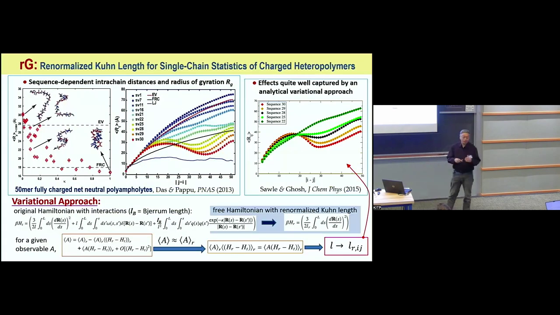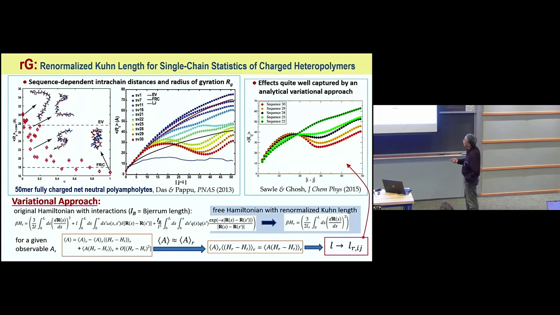I just mentioned that the Gaussian chain approximation may face some problems if you have a strongly charged heteropolymer. So we developed this approach called renormalized Gaussian, or RG. It depends on a renormalized Kuhn length. This method was not first developed by us, it's by our collaborator, Kingshuk Ghosh at the University of Denver. He used a variational approach.